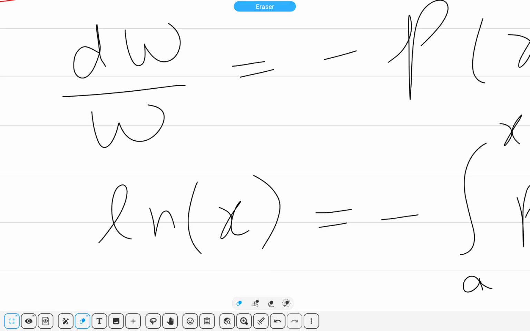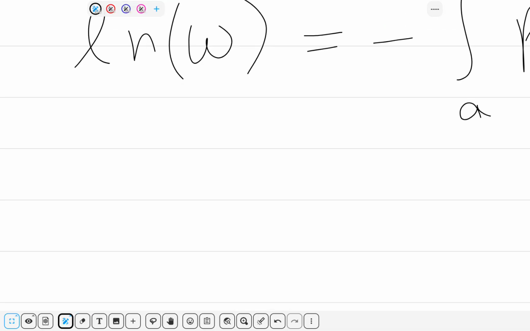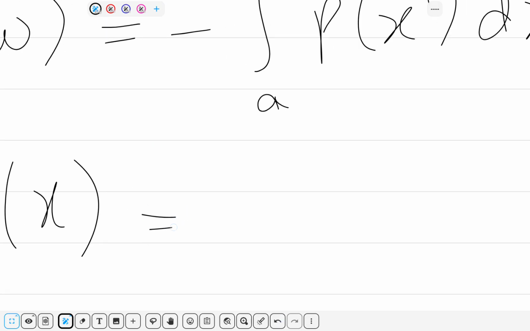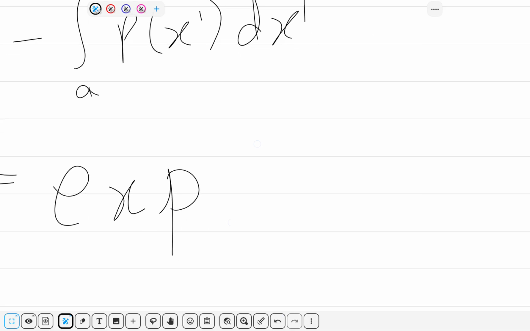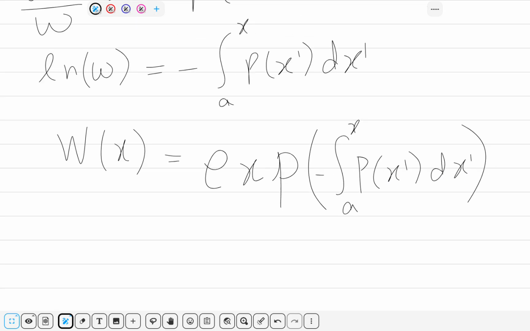So yeah, also this is W. This means I can calculate my Wronskian just by knowing my coefficient. I don't need to find the differential equation.